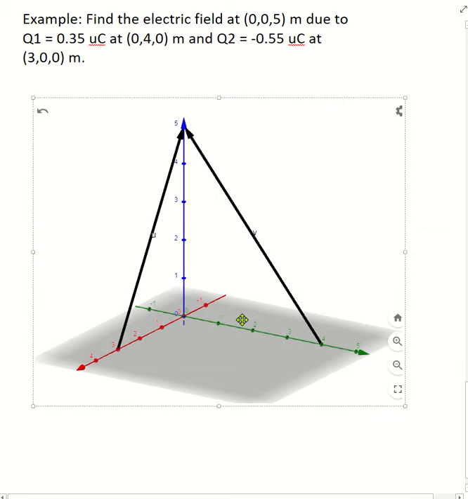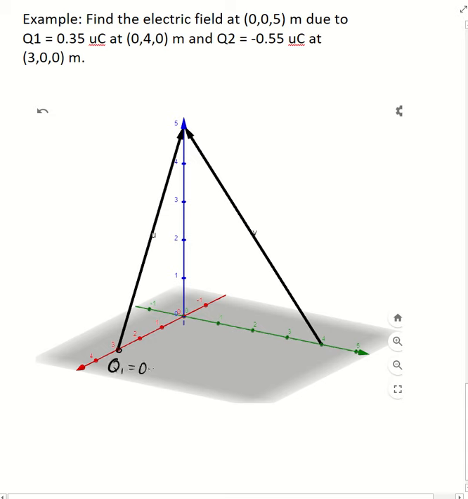So this is (3,0,0) at this point, and this is Q1. And it's equal to 0.35 microcoulomb. And while this one is another charge, (0,4,0), and this is Q2.